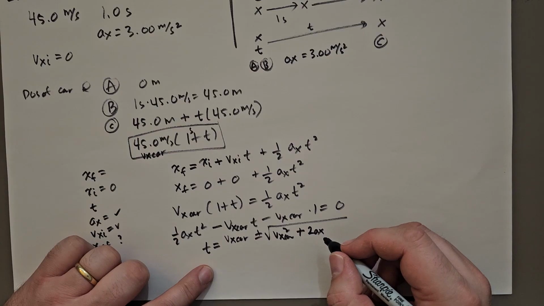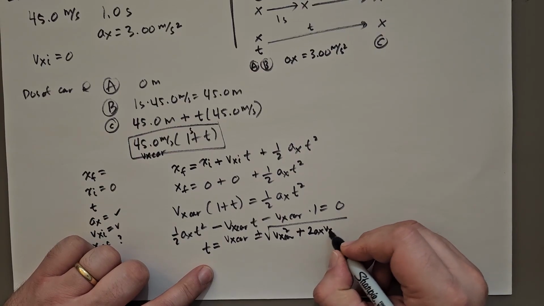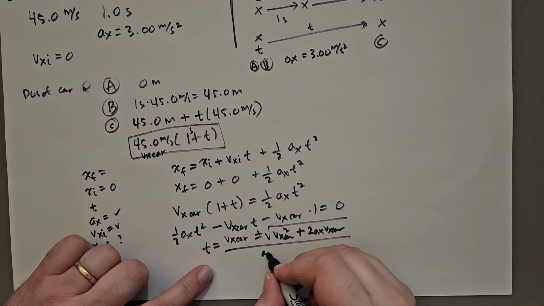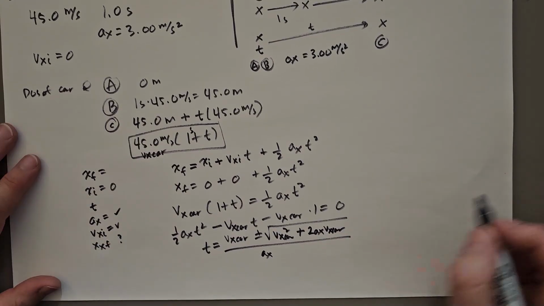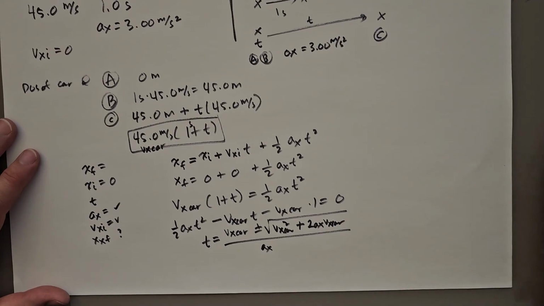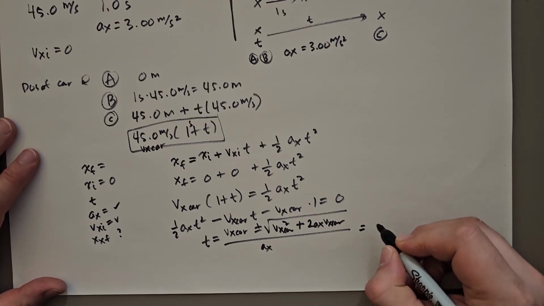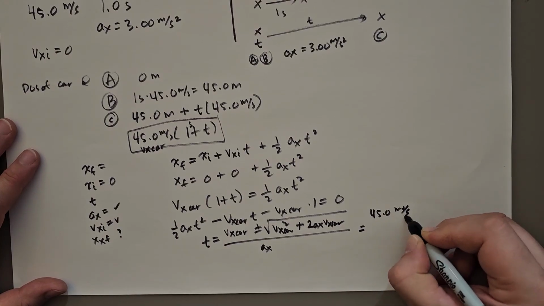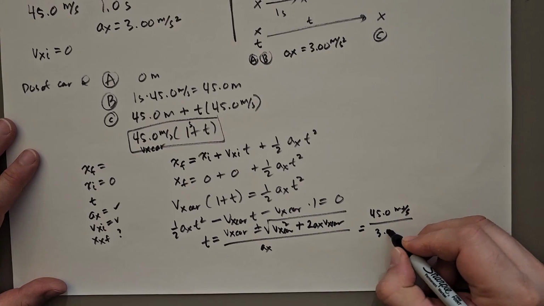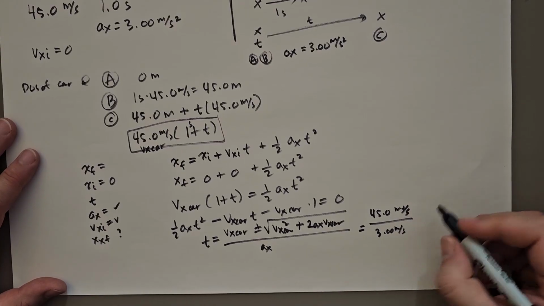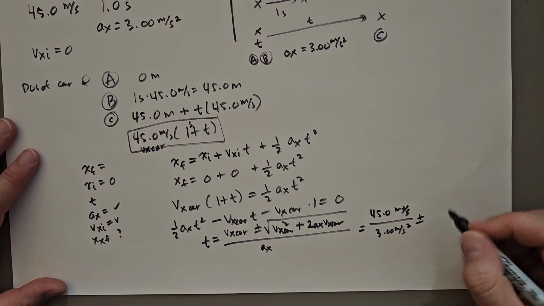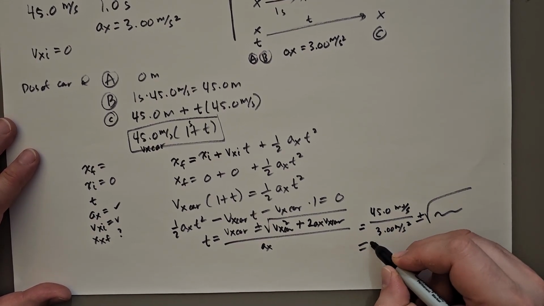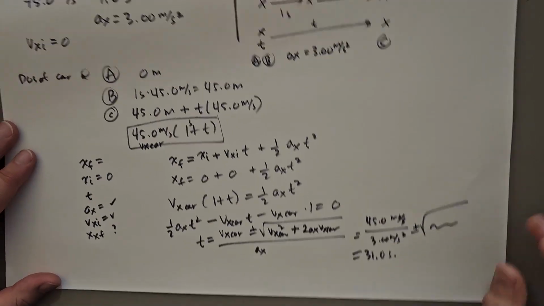Is that correct? Yeah. Divided by 2a, so that's just a_x. Okay? And we could plug all these numbers in. Okay? And we're going to end up with 45 meters per second over 3 meters per second squared, plus or minus this stuff. And the answer is going to be 31.0 seconds. Okay?